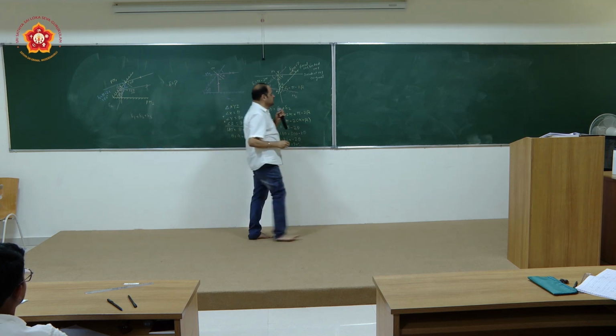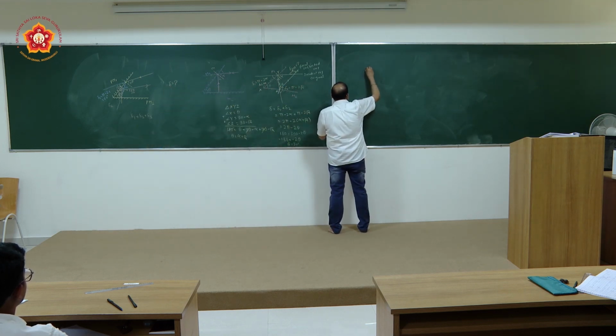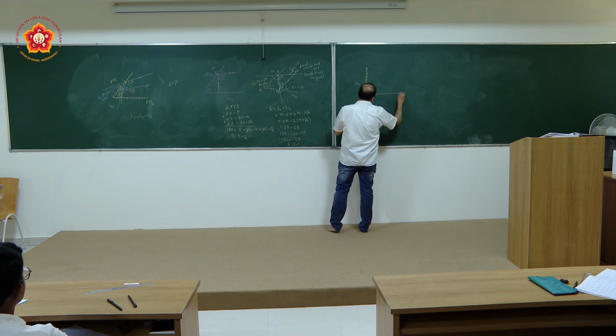मतलब ये होता है इसका कि suppose you are having a plane mirror M1 and there is another plane mirror M2.